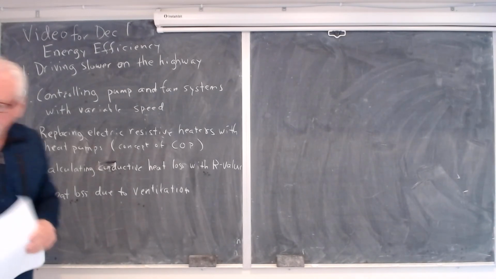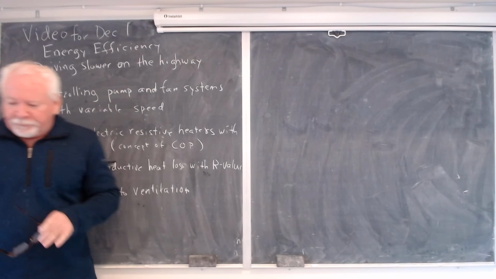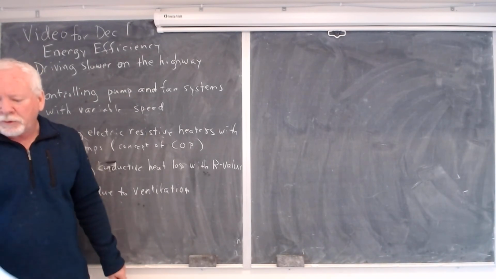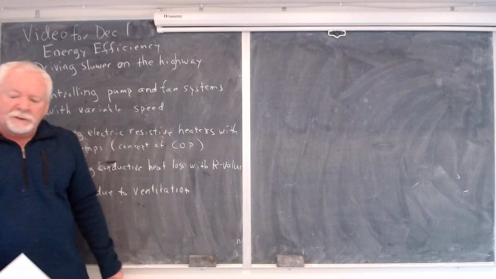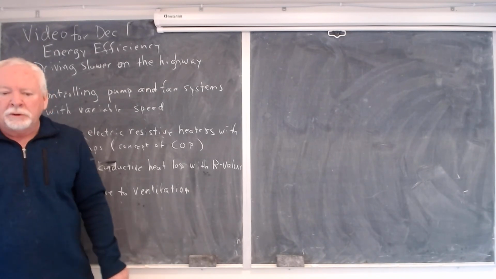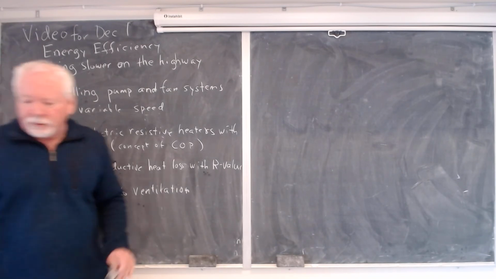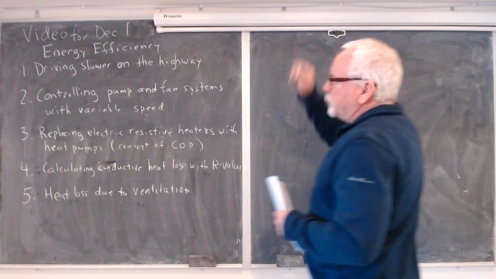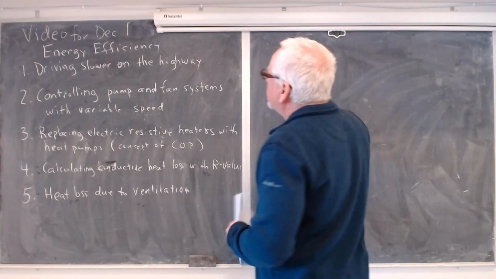Okay, so these are the 5 energy efficiency principles that will be covered as part of course material. There's more in the notes, but this is what I will expect you to be able to answer questions about in the quiz. All right, we'll talk about the quiz on Thursday.